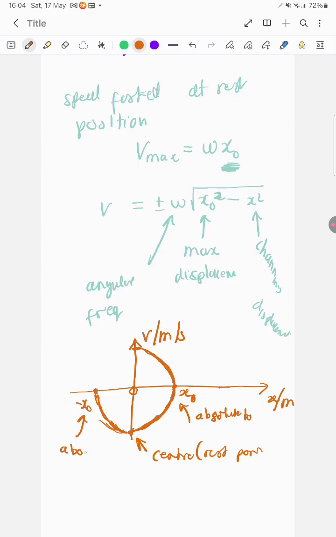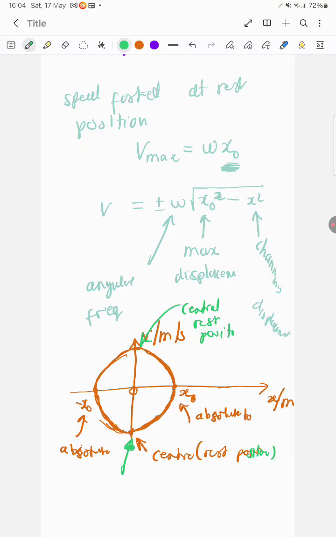And then here is the rest position. This is the central rest position, and this is also when the speed is maximum. Central rest position when the speed is maximum.